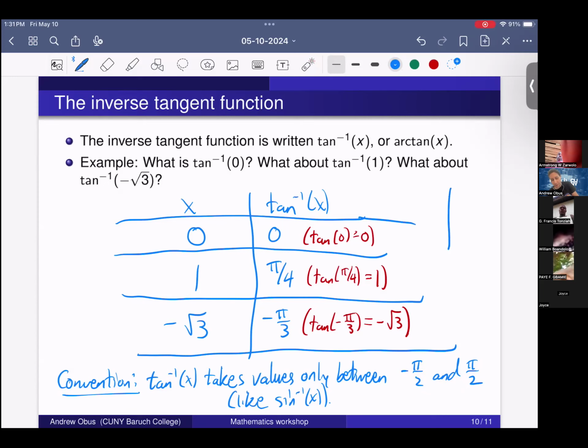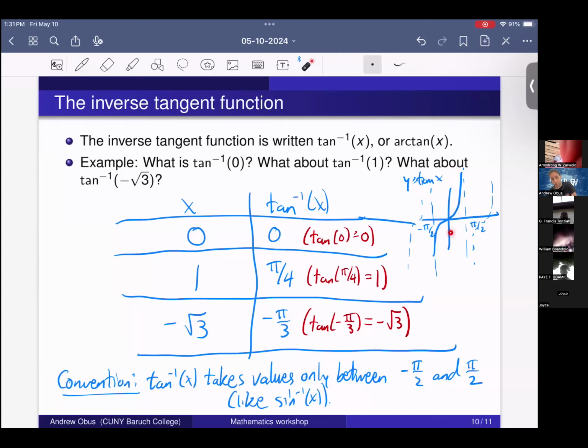So the graph of tangent, remember, y equals tangent of x, looks kind of like this. And this is pi over 2, and this is minus pi over 2 over here, and then the graph repeats itself over and over again. But you can get every value, every real number. In this case, it's all the real numbers, not just the numbers between 0 and 1.